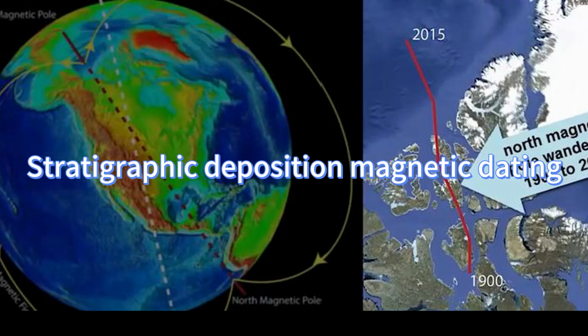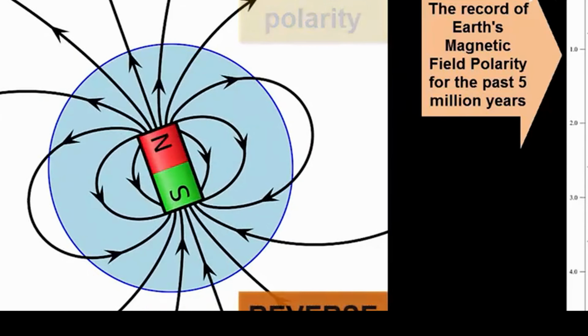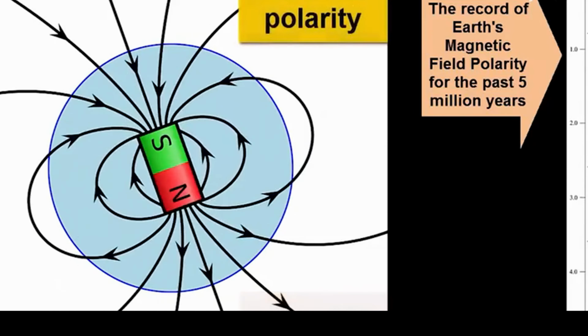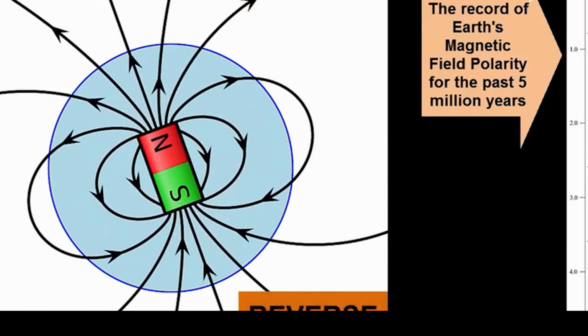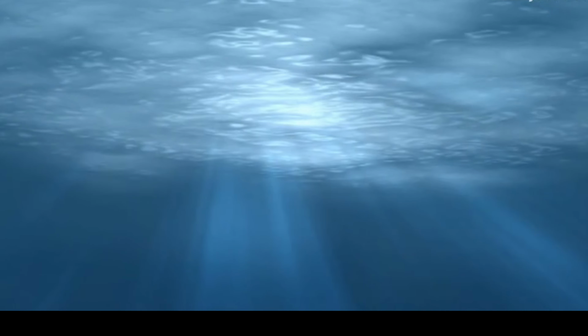Another method, stratigraphic sedimentary magnetic dating, utilizes the principle that the Earth's magnetic field periodically undergoes magnetic reversals. All rocks on Earth are magnetized during their formation process, producing residual magnetism. Sediments in deep seas and lakes also contain particles carrying residual magnetism.